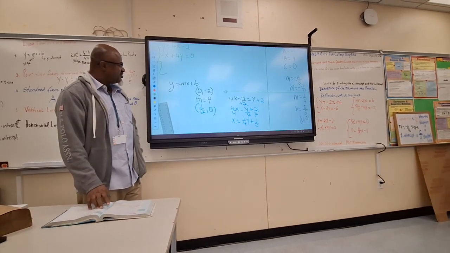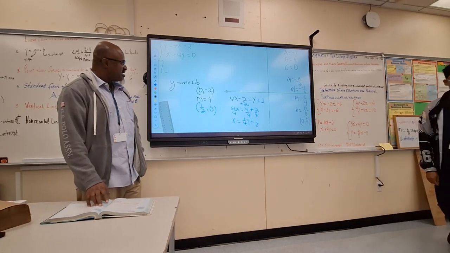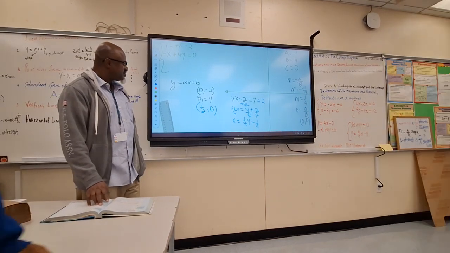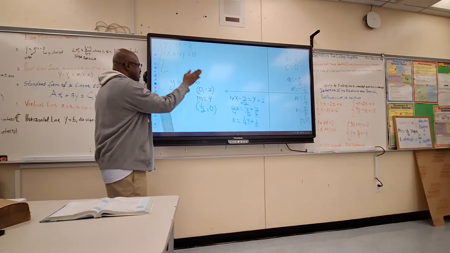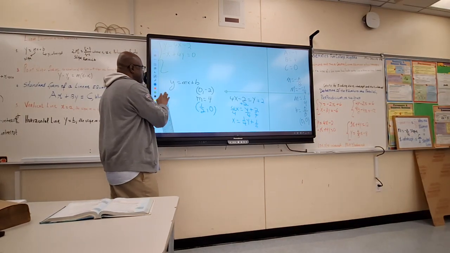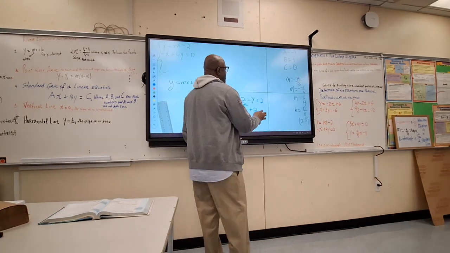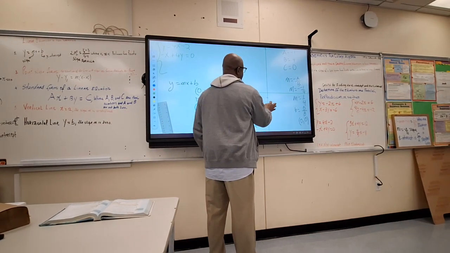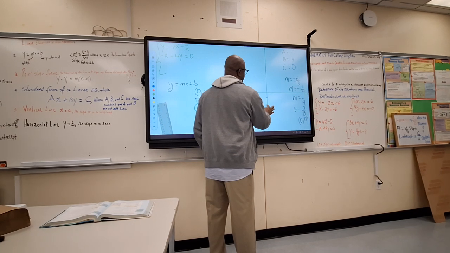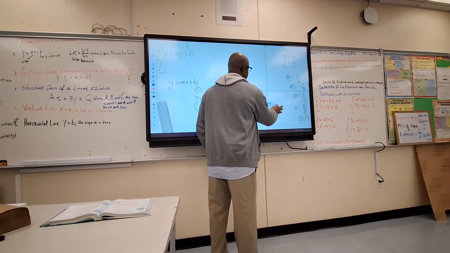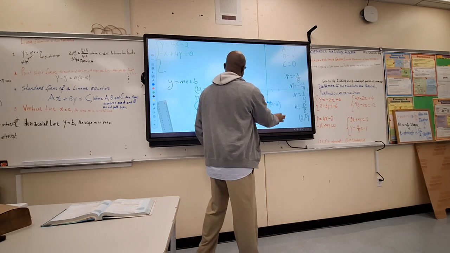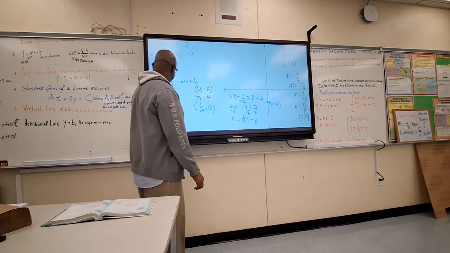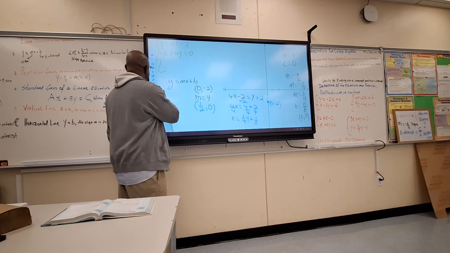0, negative 2. Where's 0, negative 2? Down. We're not going to the left. We're going to drop 2 units. That's negative 1. That will be 0, negative 2. That will be 1/2, 0. Where is that?